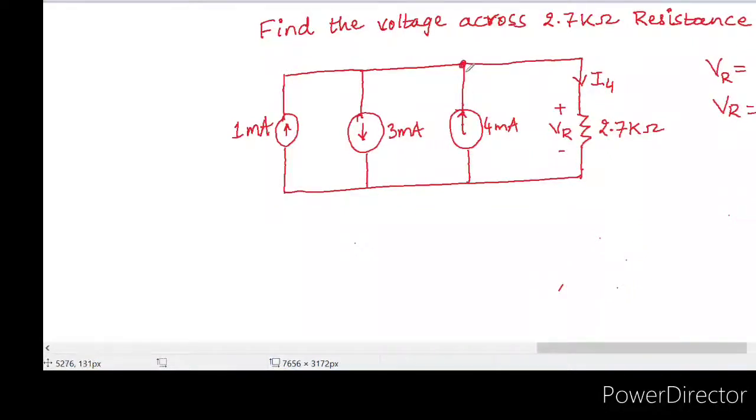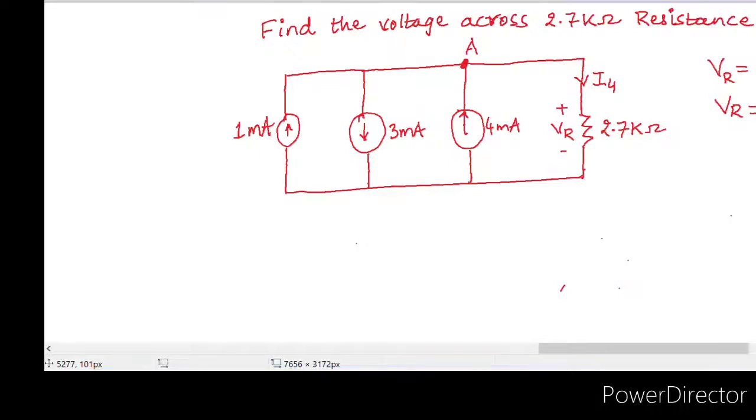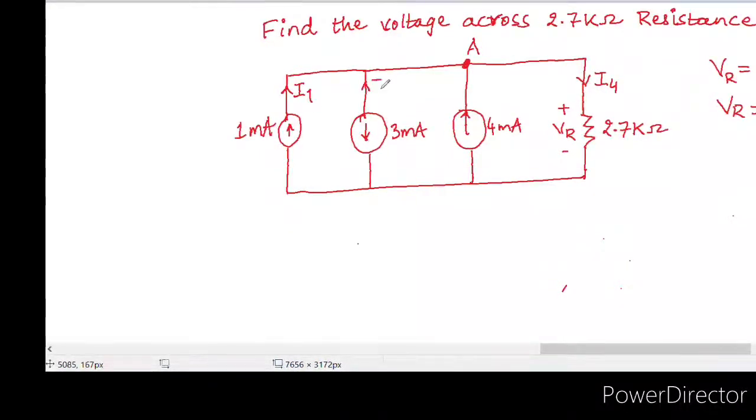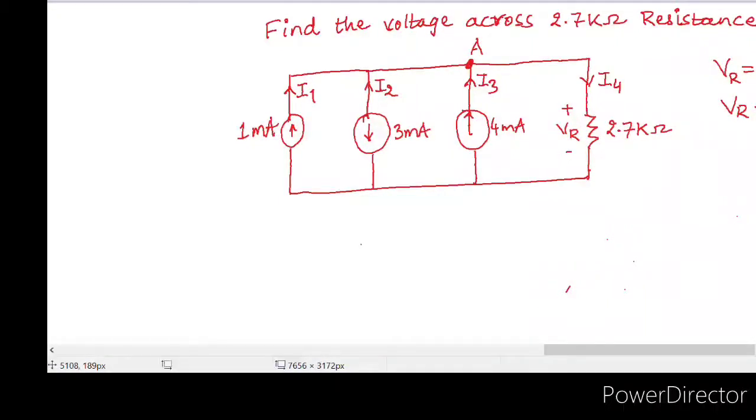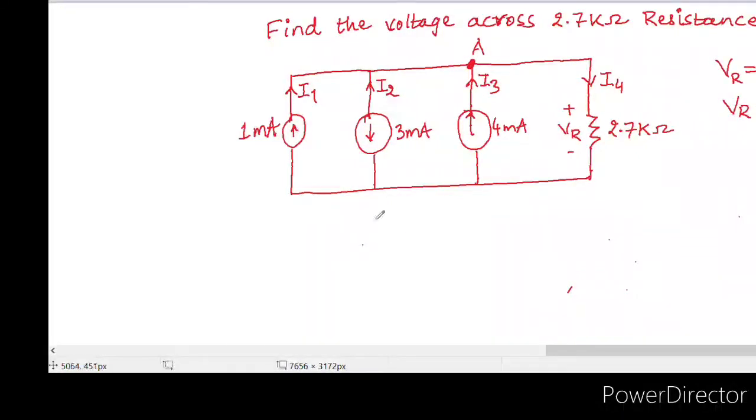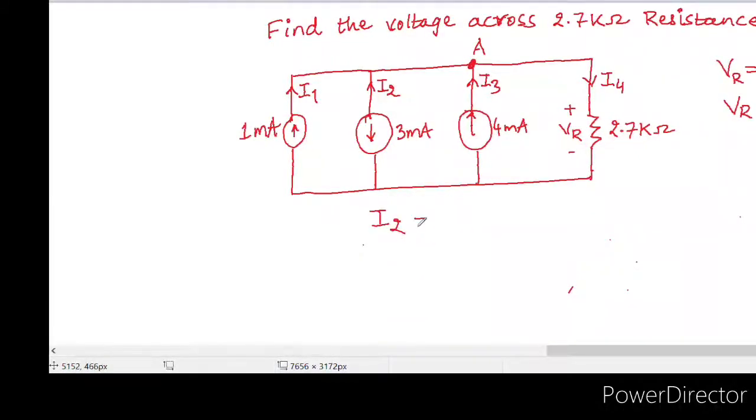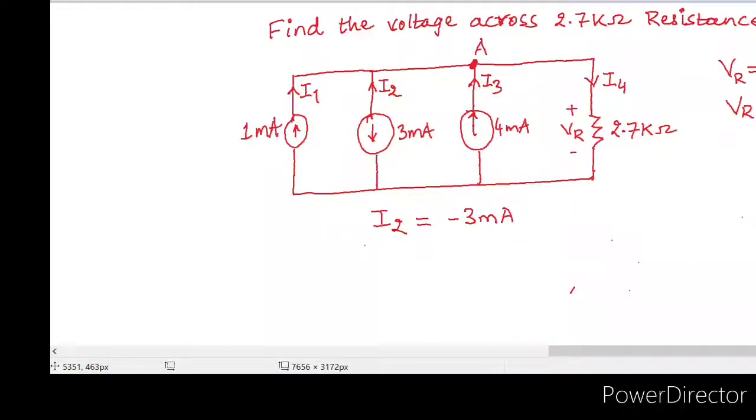Here again let us assume that this node is node A, and let us call this current as current I1, this current as current I2, this current as current I3. Please make a note that the direction of I2 and the direction of 3 milliamperes are opposite to each other. Hence, the value of I2 is negative of 3 milliamperes, that is minus 3 milliamperes.